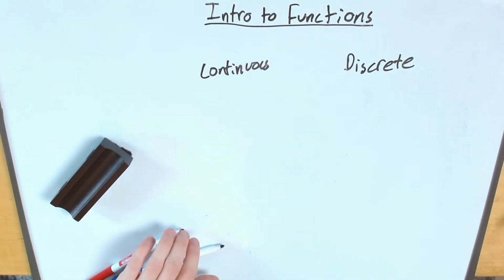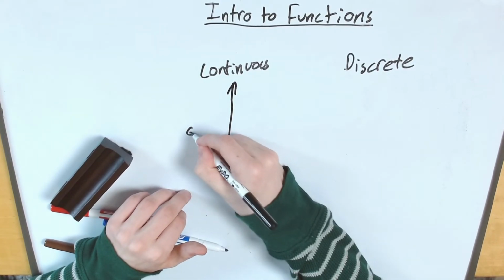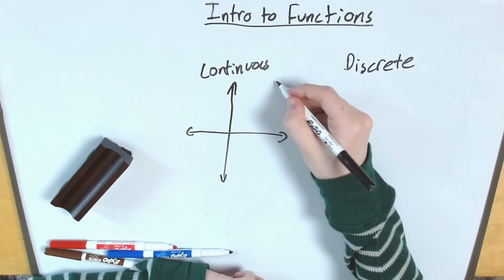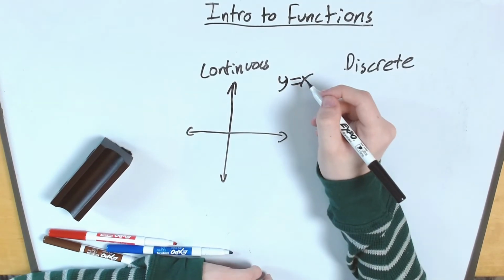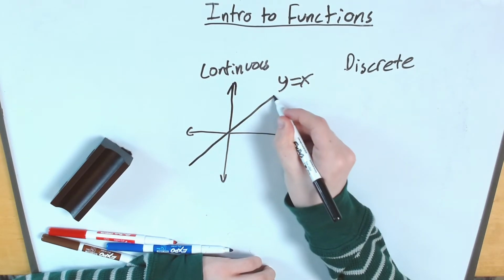Now, continuous functions, on the other hand, are something that you're a lot more used to seeing, right? If you graph vertical lines or linear lines, you're pretty used to seeing continuous functions.